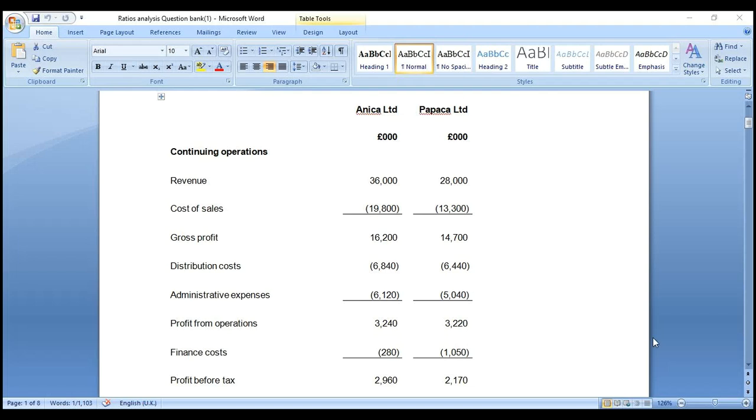So our operating profit is 9%. My gross profit was 45%, and my operating profit is 9%, so 36% is overhead expense.